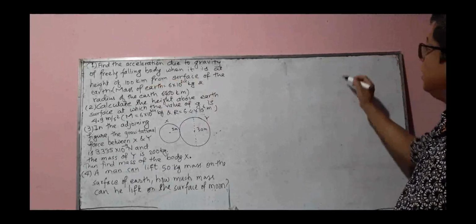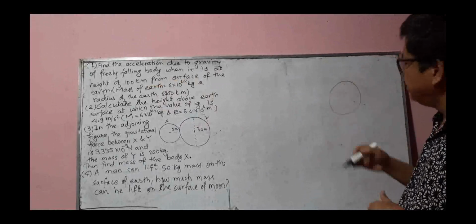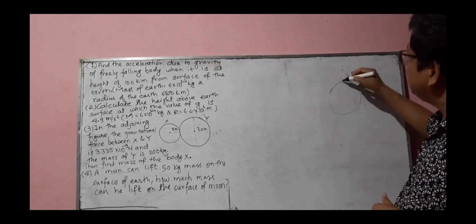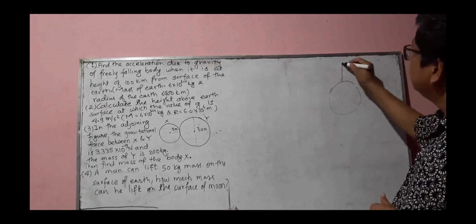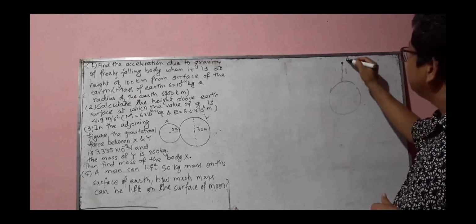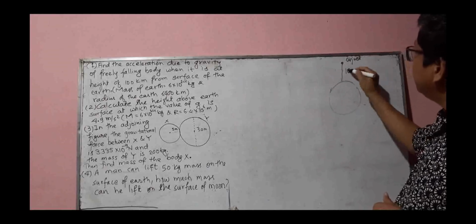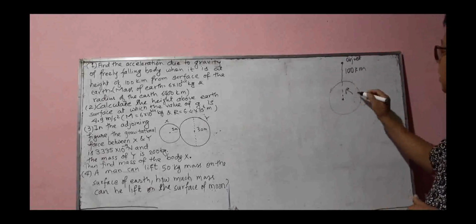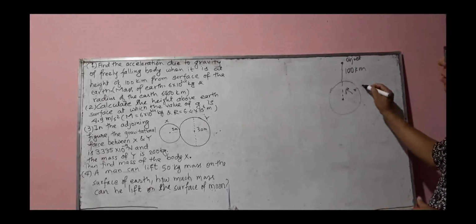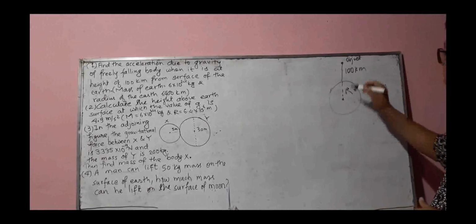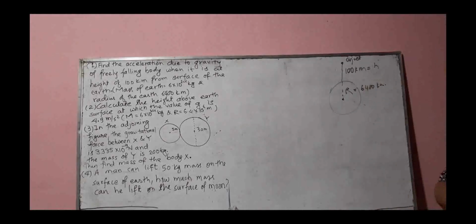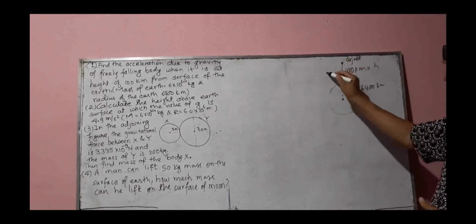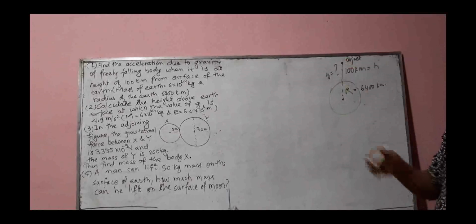Let us draw it: it is earth, and the object is here at the height, 100 km, and this is the radius R. It is given as 6400 km, and this is the height. So we have to find the acceleration due to gravity. We have to find g is equal to what?